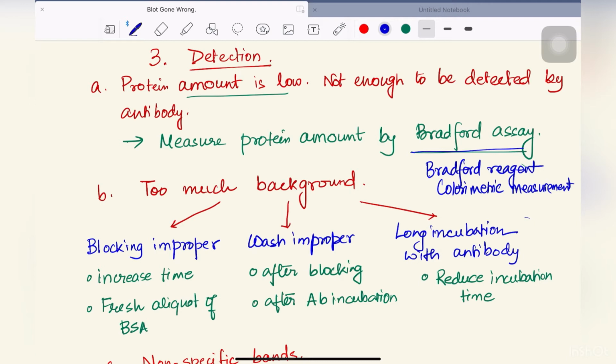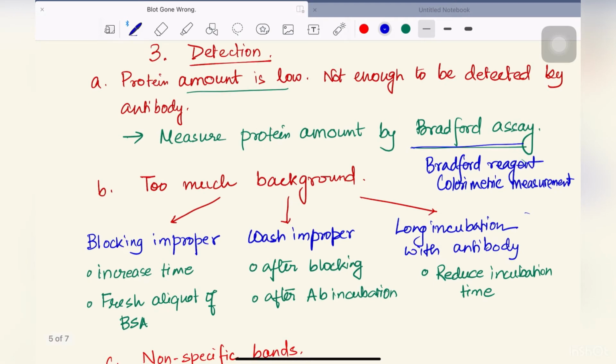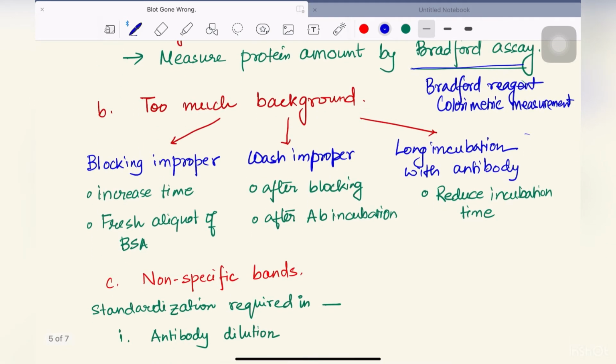One very common problem that occurs in blots is that the background is very high, like you can't see anything on the blot, everything is black. There are several possibilities here. Before you detect, there is one step which is blocking.